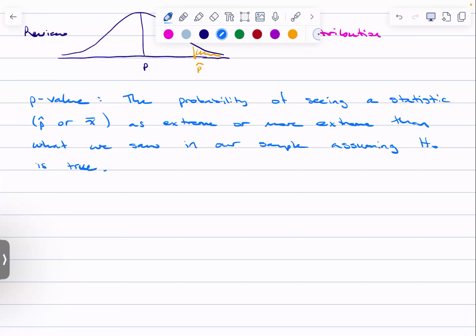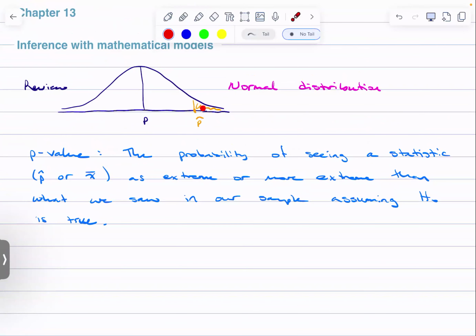So what does this translate to, as extreme or more extreme? Well, that's why we counted the proportions in the tail. These things can happen by random chance alone, right?